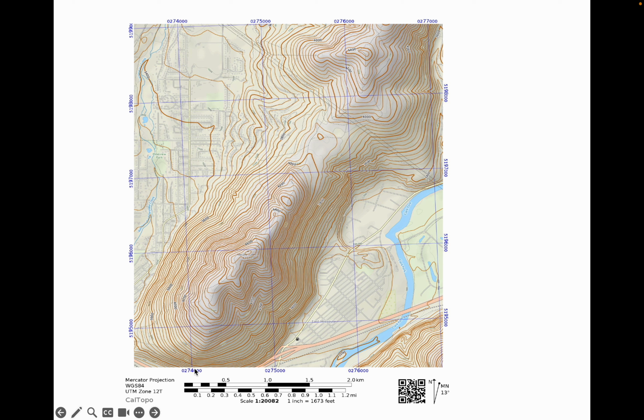You're trying to figure out how many meters you are between here and here. If I was right on this line, it might be 999 meters. As soon as I hit the next line, then I've gone 1,000 meters. So I like to eyeball it first and say, well, it's about 3/4 of the way. So 750 meters, maybe 800.